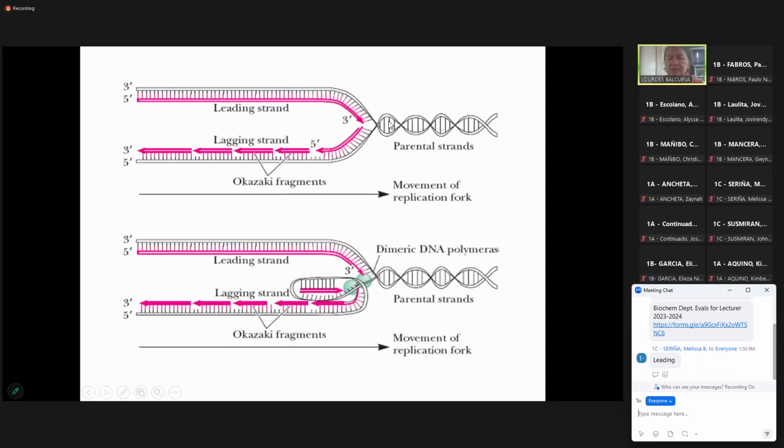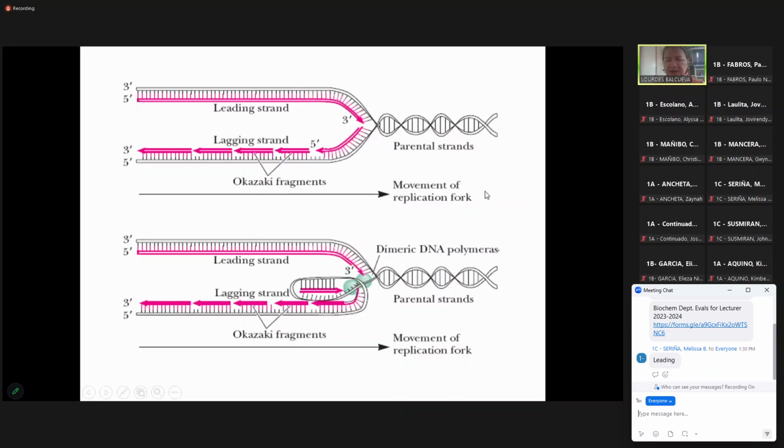And so you have your topoisomerase to create nicks in order for the torsion or the stress to be eased, the torsion created by the opening of the strands.